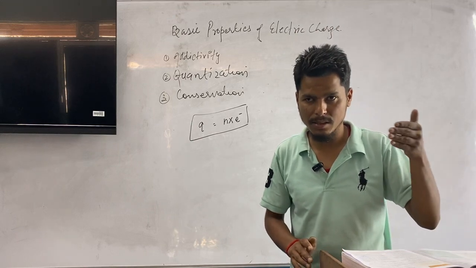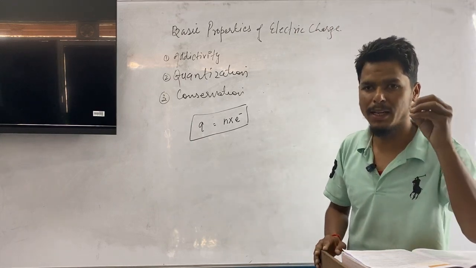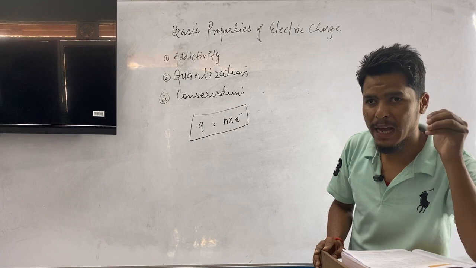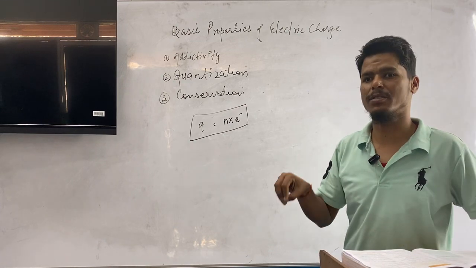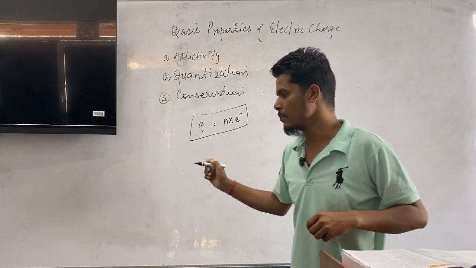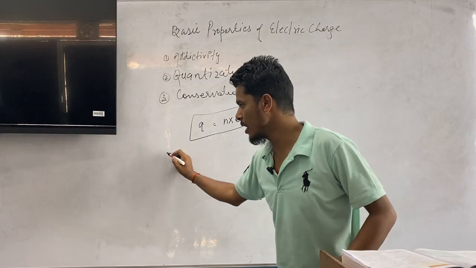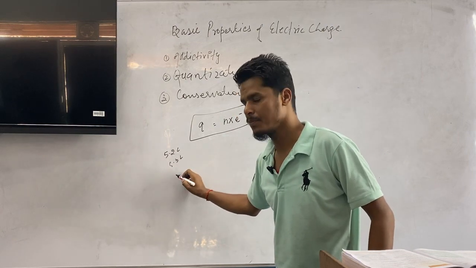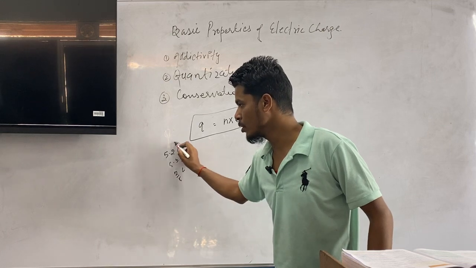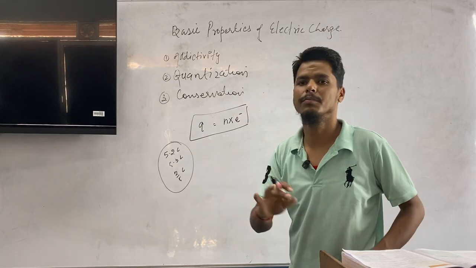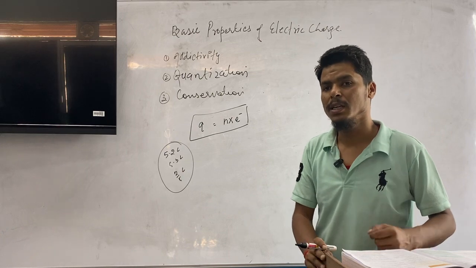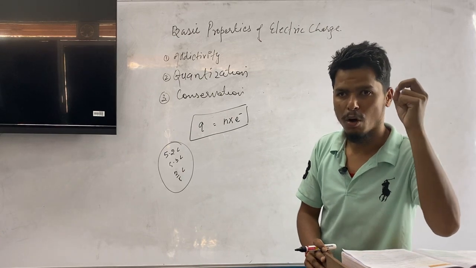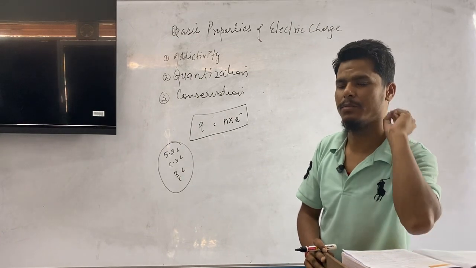If I say it in the simplest words, a body cannot have charge in fractions. That means if I'm telling you a body has the charge 5.2 coulomb, 5.3 coulomb, or 2/5 coulomb, this cannot be possible. A body can have charge only as an integer number.